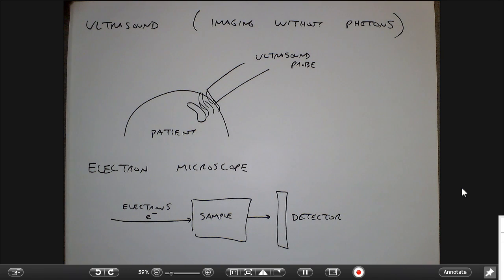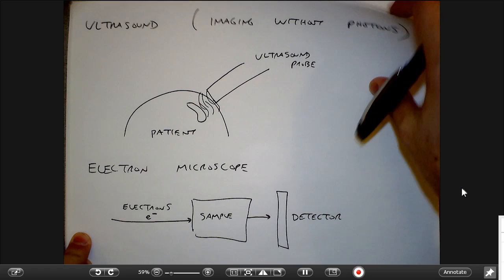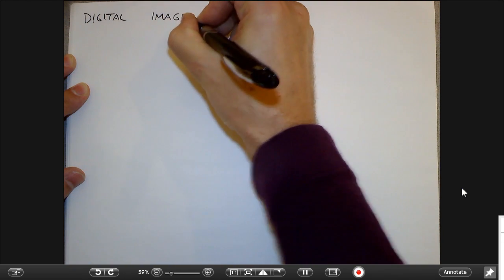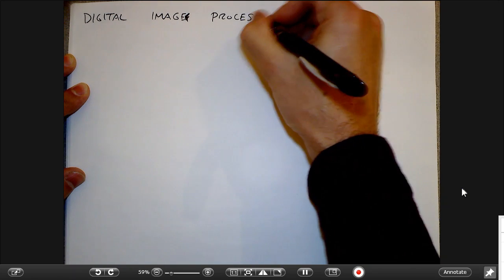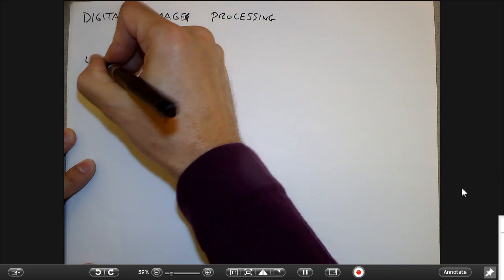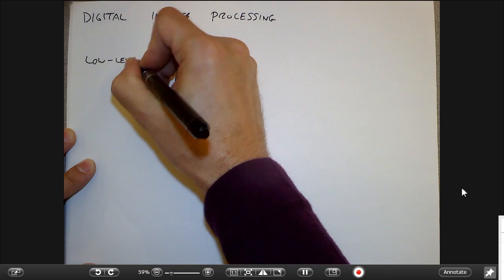Okay, so let's talk about what we're going to talk about in this class. Digital image processing. I think that there are different levels to this problem, okay? And what we're going to talk about first is what I would call low-level image processing.